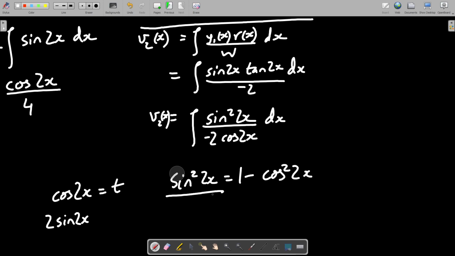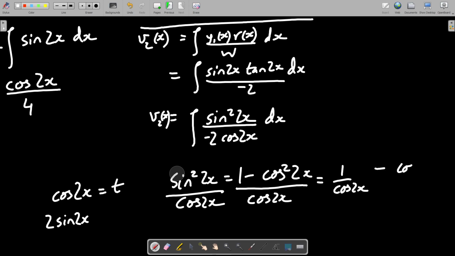Okay, so if I divide this by cos 2x, now I can integrate it, no? This will become sec of 2x. Okay, so I got an answer finally.